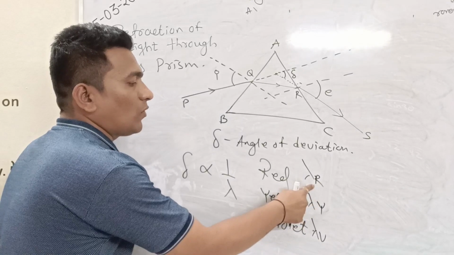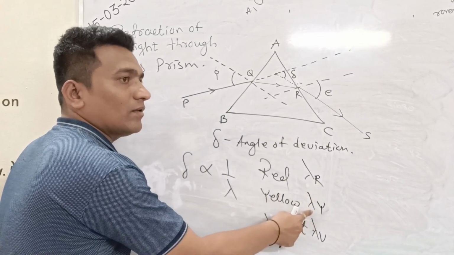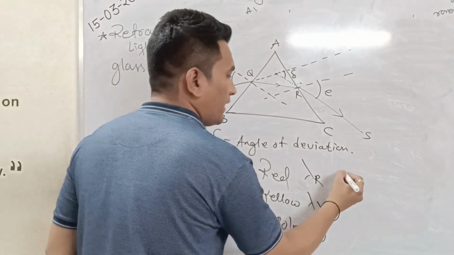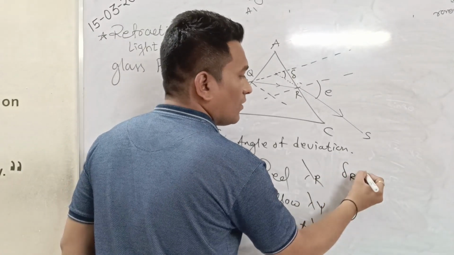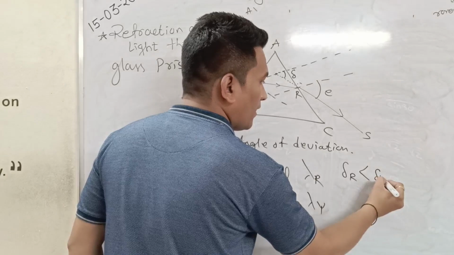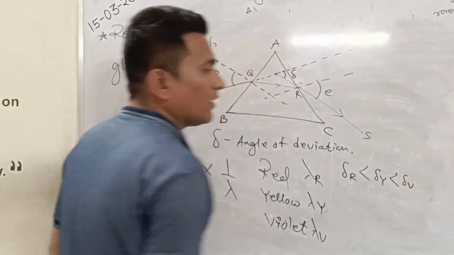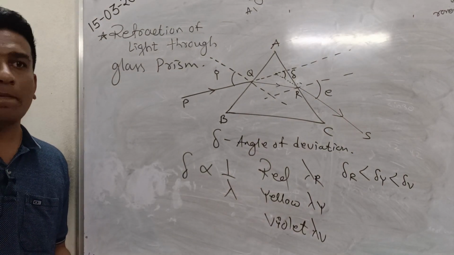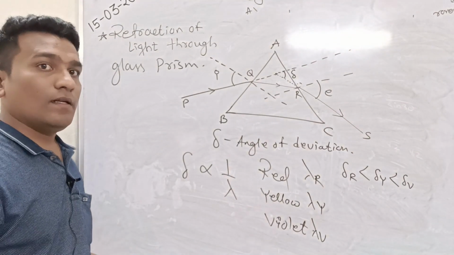Yellow color wavelength is more than violet but less than red. So delta R will be less than delta Y, which will be less than delta V. So the deviation will be seen most in violet.